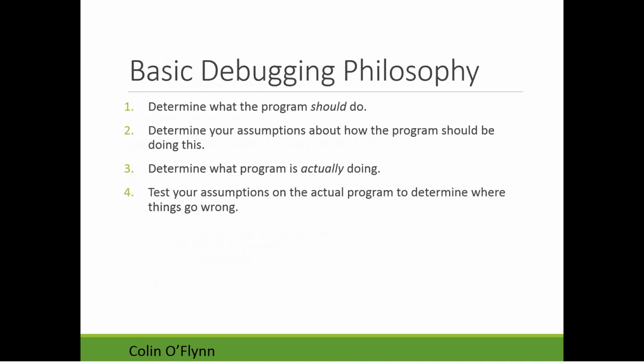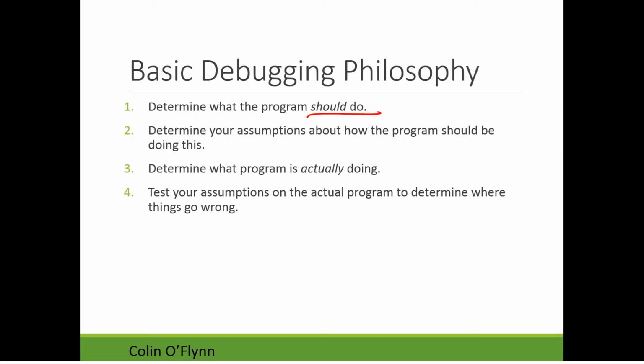The general philosophy we're going to look at is that you should always, at first, have an idea what the program should do. I don't necessarily mean that it should blink these lights, drive straight, turn right, turn left, stuff like that. I mean in terms of the program running on the microcontroller: it should read this sensor at this line, and the return value should be between 1 and 25.